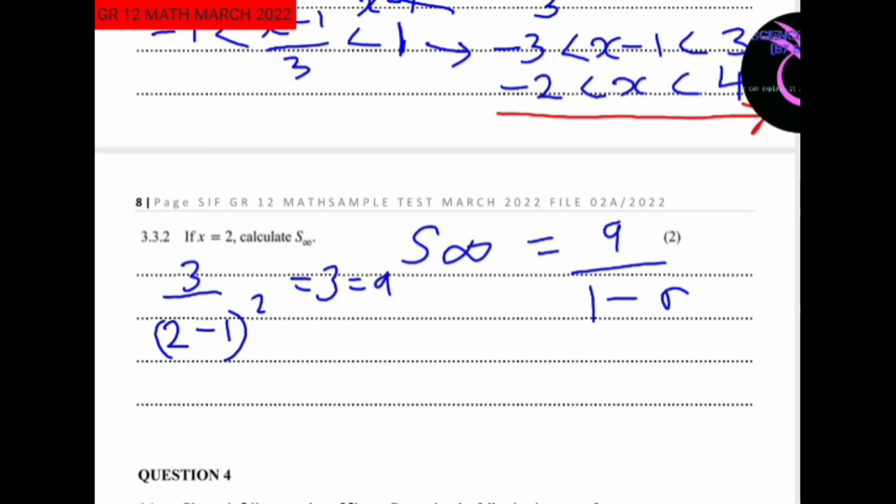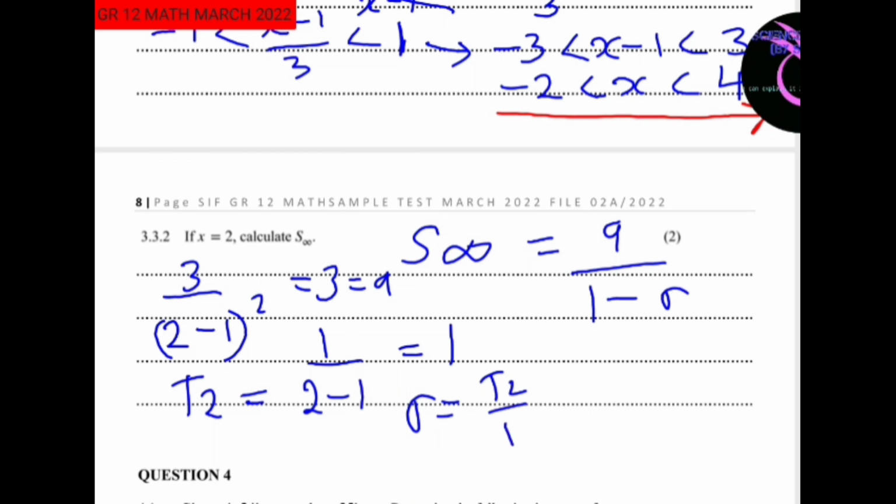And then the r value, because we also need it for the sum to infinity. We need to know what the second term is. T2 is going to be equal to 1 over x minus 1, so 1 over 2 minus 1, which is 1. r is T2 over T1, which is 1 over 3.